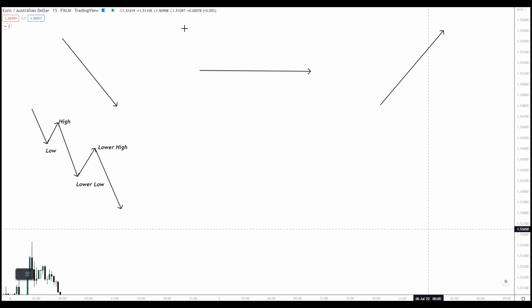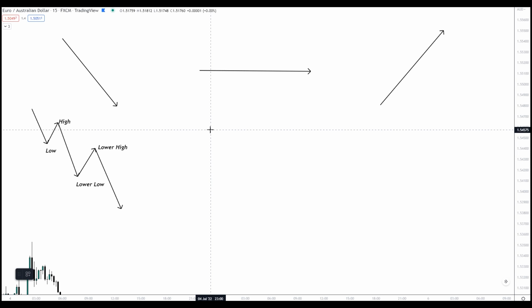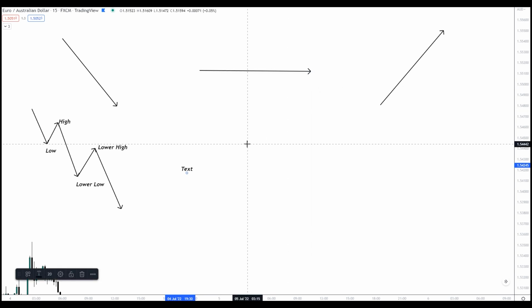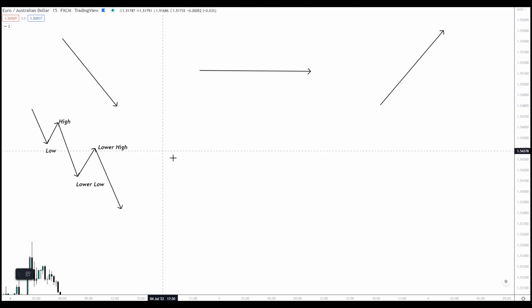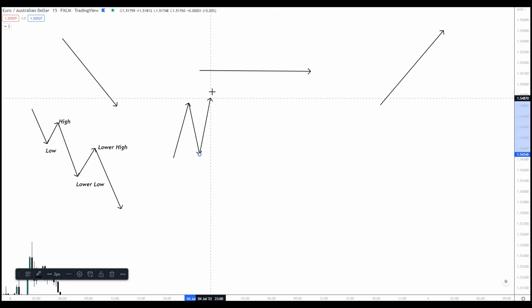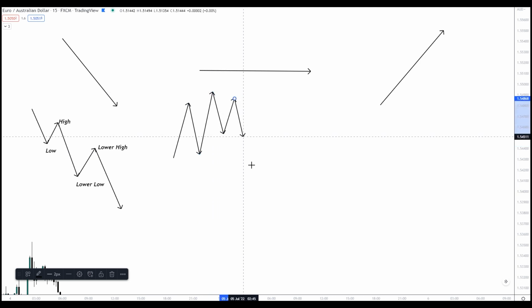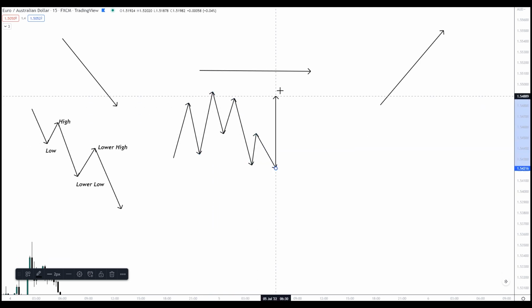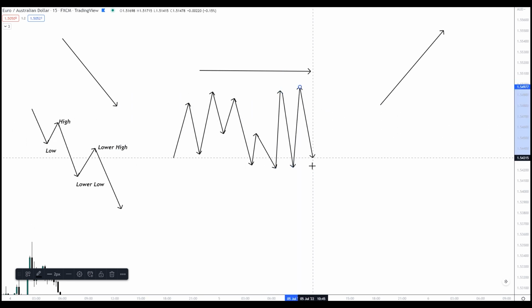Now, a ranging market is probably, depending on what strategy you use, either the easiest market to trade or the hardest. These markets right here simply don't really have any direction. So it's not necessarily as simple as up, down, up, down.